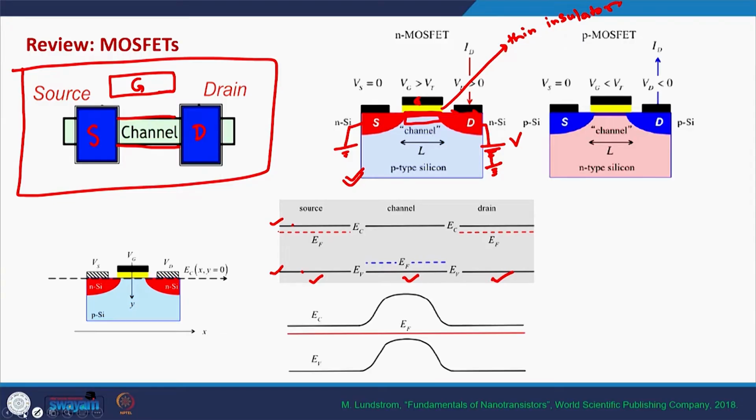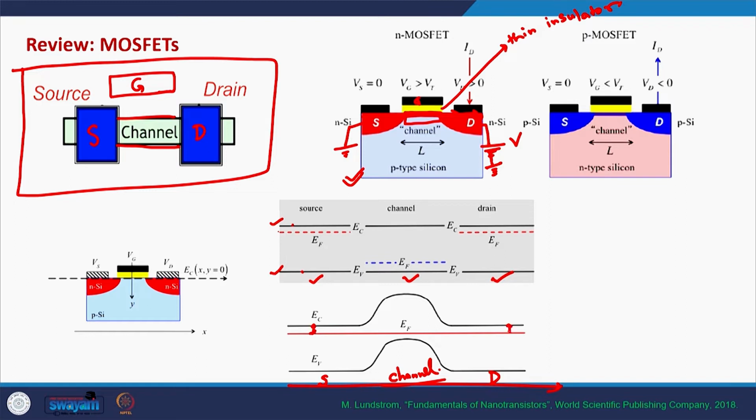As soon as we make this kind of device, the band diagram of the entire device, right from the source to the drain, will look like this. This is the source part, this is the drain part, and this is the channel region. On the source side, the Fermi level is extremely close to the conduction band.